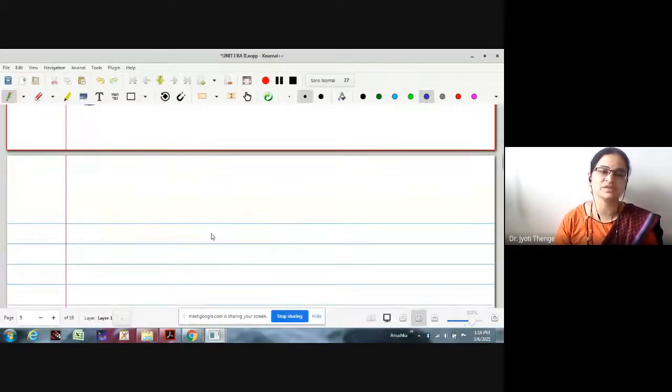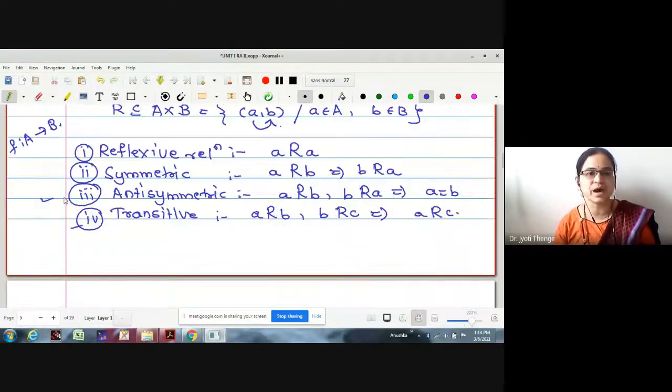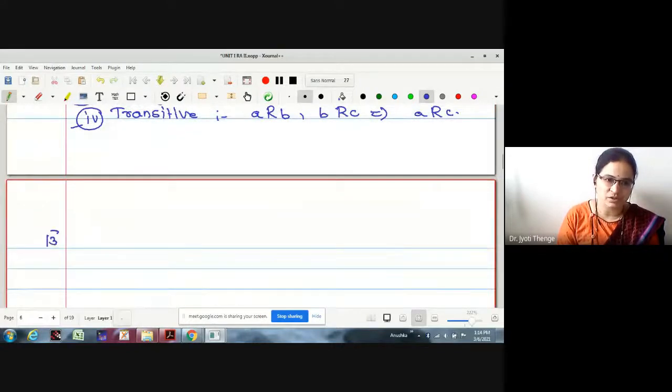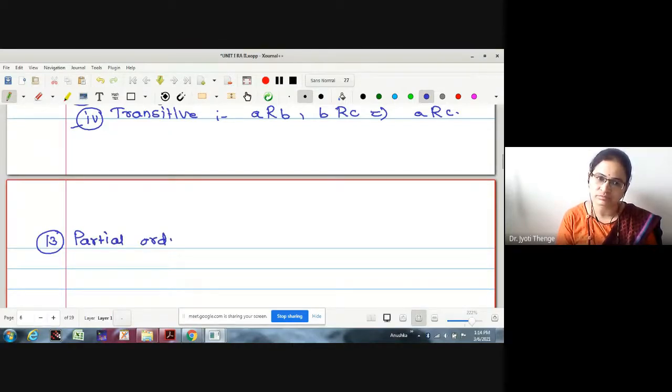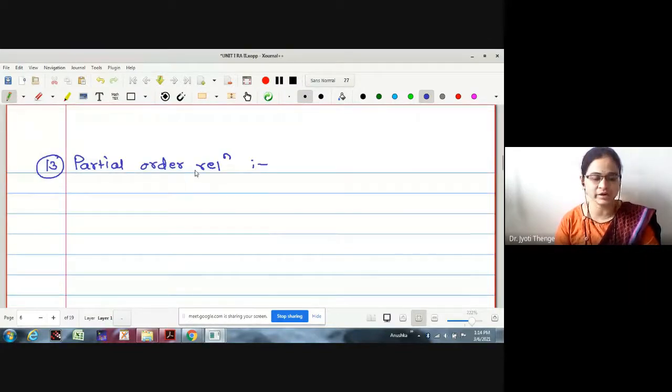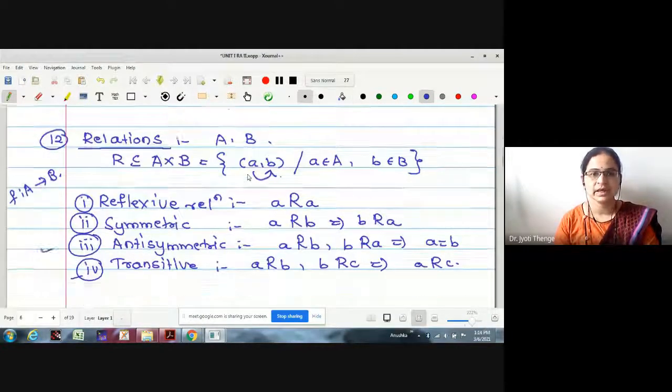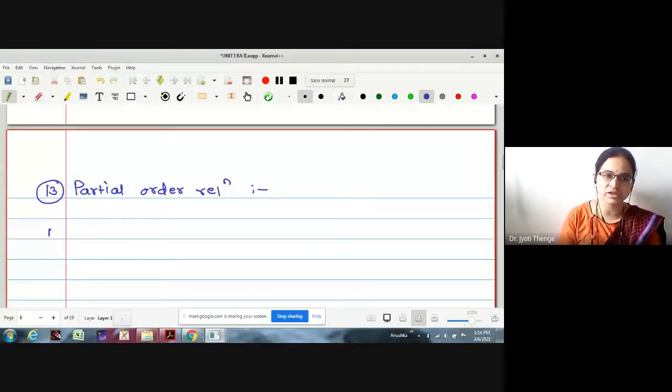Now depending upon these relations, you can check many more mathematical examples as well. Depending upon this, we were writing the relations with two properties. First is partial ordering relation and equivalence relation.